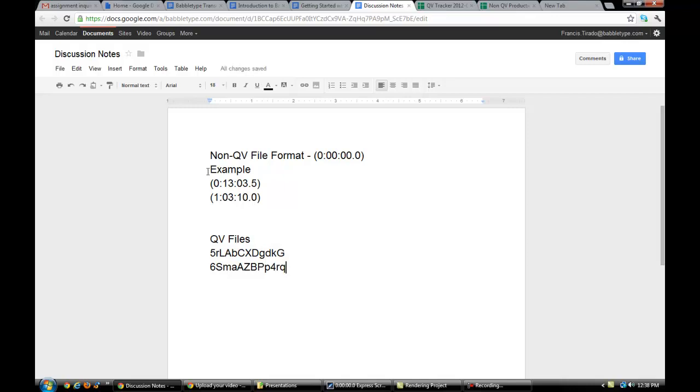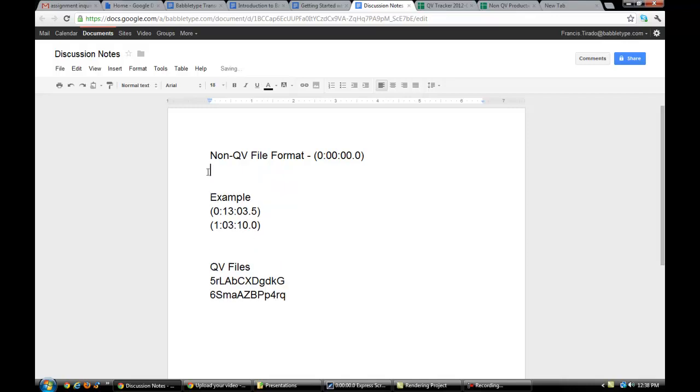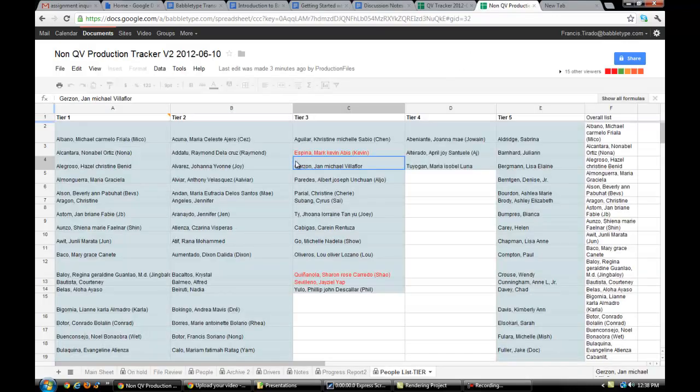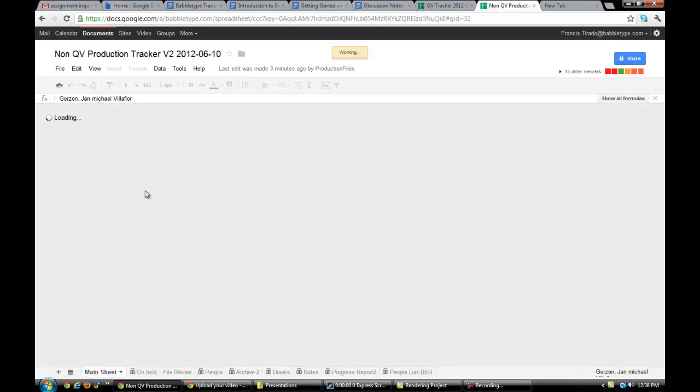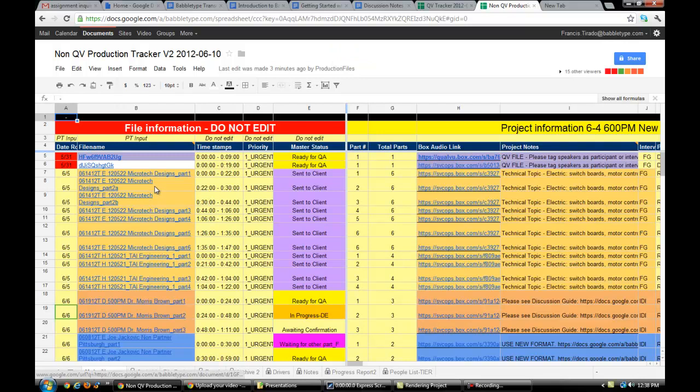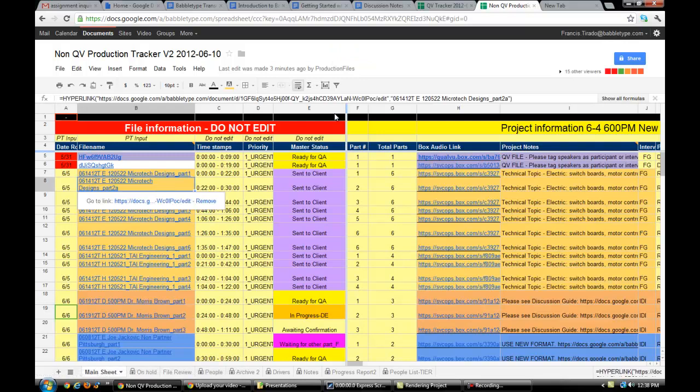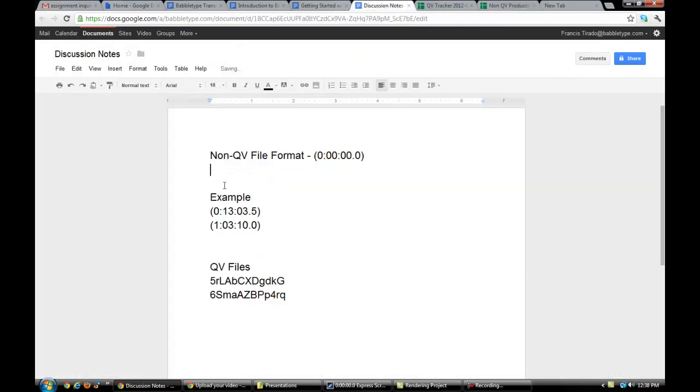But this is how a typical non-QV file name will look like. These are your typical non-QV files.